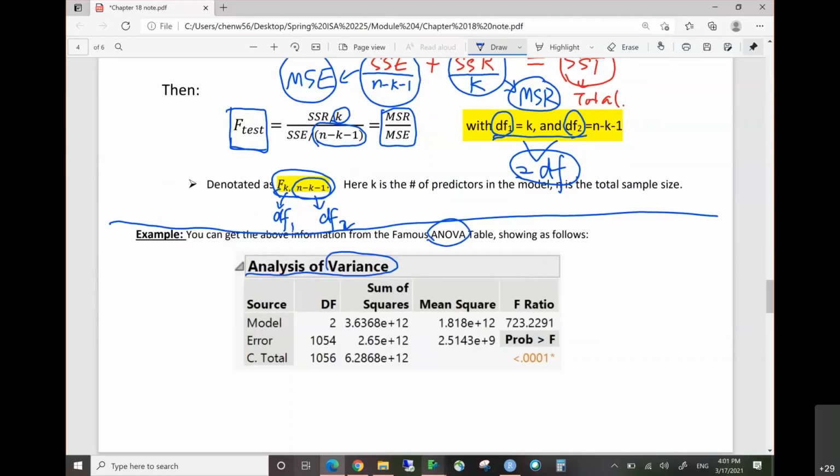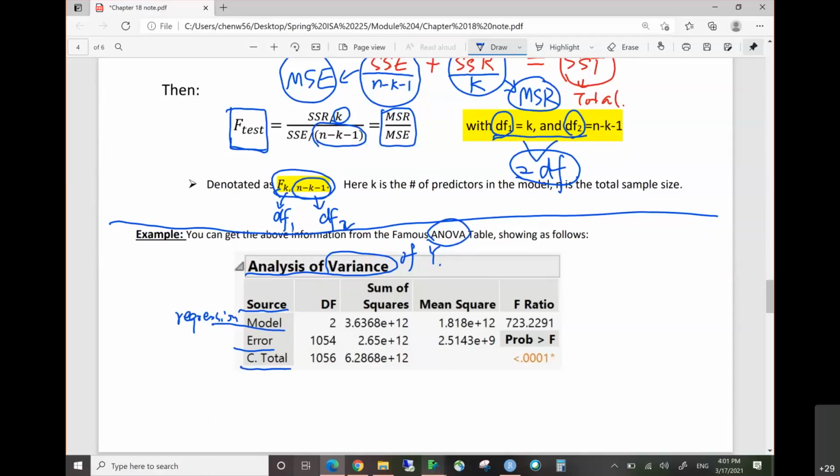So here, the variance of y. Again, the variation in y can be divided into two sources, either from the model or from the sampling error. The model we can also call the regression. The other source of variance is the sampling error. And then you have the total variance of y as the last line.